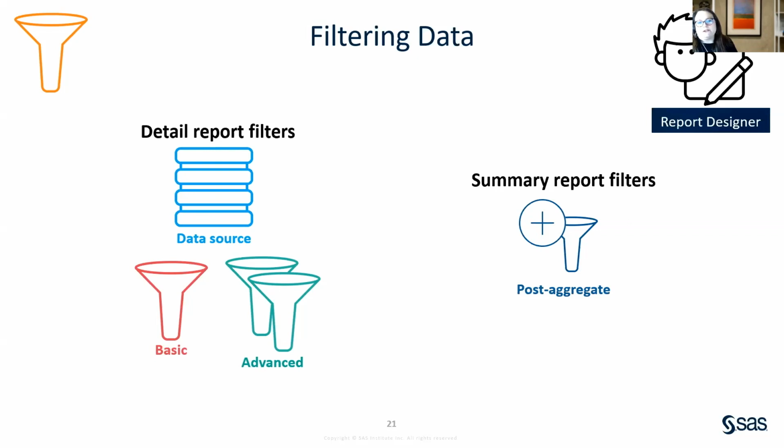We can also do post-aggregate filters, meaning I group my data, I sum it up, and then I add the filter. So the filter would be on the grouped data. And these are all options when you're the report designer.